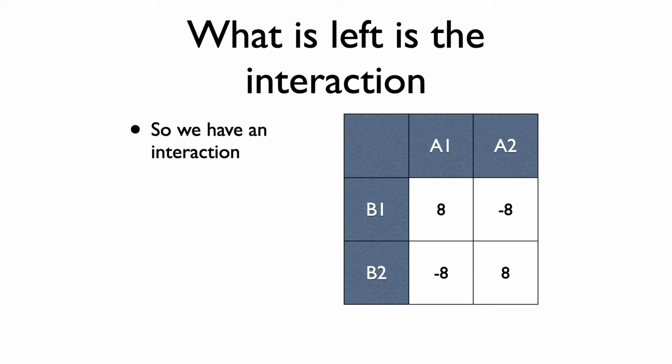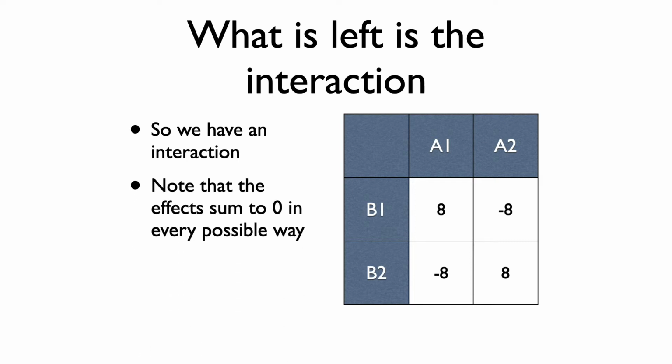Yeah, so we have an interaction. And again, the effects here still sum to 0. For interaction effects, they have to sum to 0 altogether, but also horizontally and vertically. And they do.